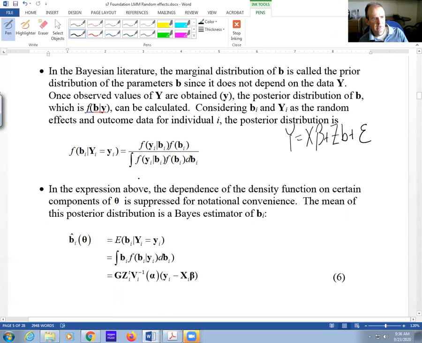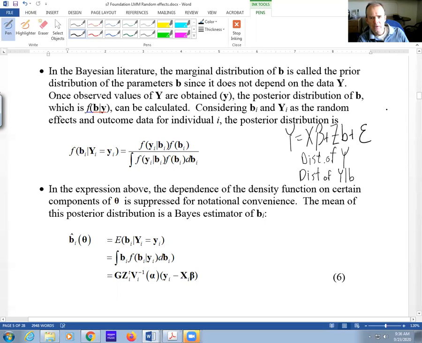So the question is, we've talked about the two distributions that are important in the mixed model. The distribution of Y, and then we have a distribution of Y given the random effects, right? That's what we have.